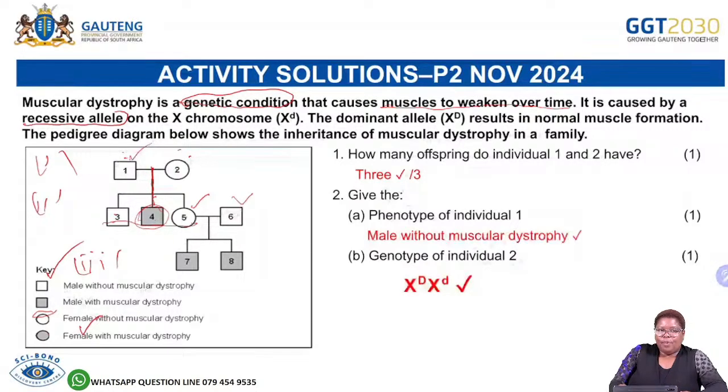Now the genotype of individual 2, remember this is a female, and we said this female is without the muscular dystrophy, is without this genetic condition. Because it's a female, the dominant allele masks this allele, right?